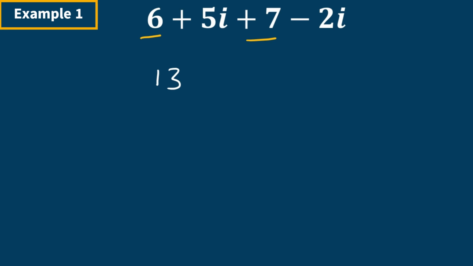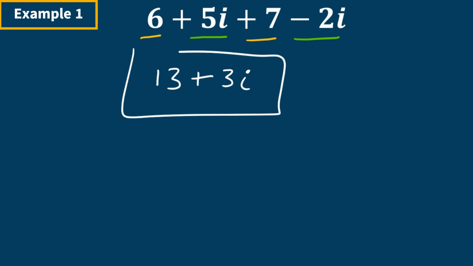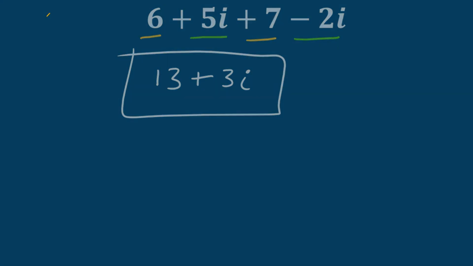Now we look at the imaginary numbers. In this case, we have 5i and negative 2i. Since they both have an i, we can subtract these numbers. So we'll have 5i minus 2i, which is going to be positive 3i. And this right here is our final answer.